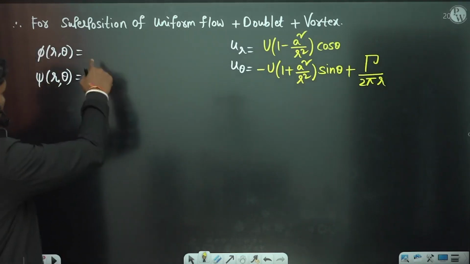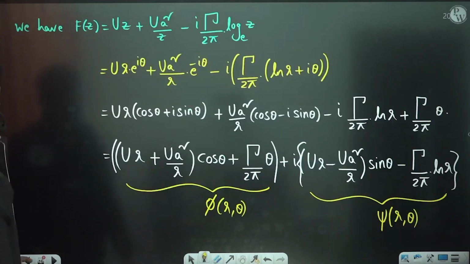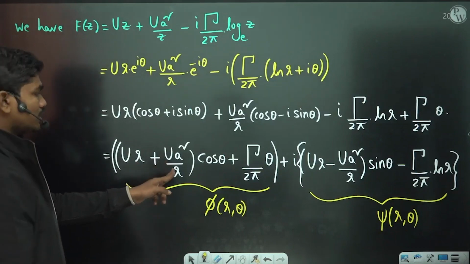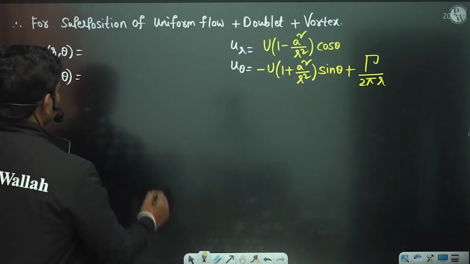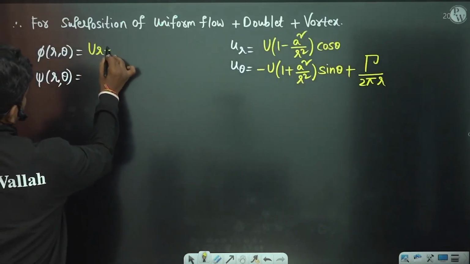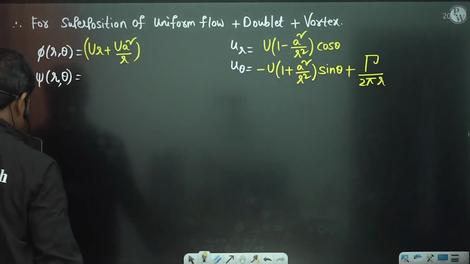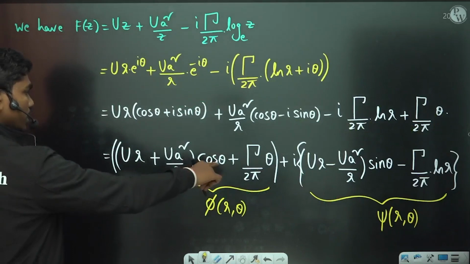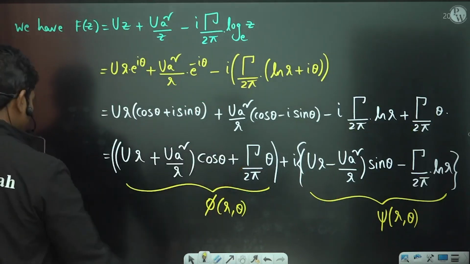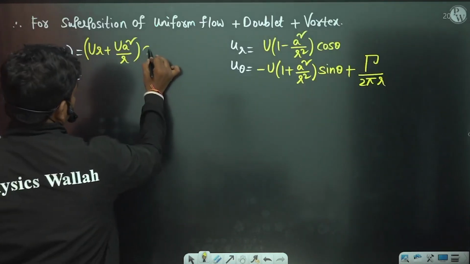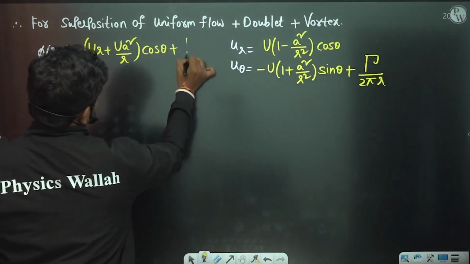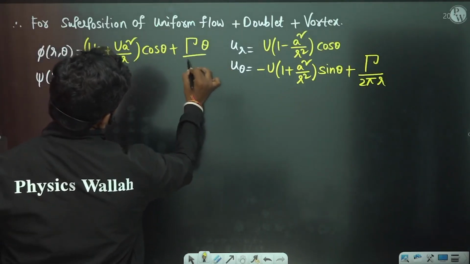And what about these two quantities, phi and psi? So phi is u r plus u a square by small r, into cos theta, plus circulation times theta by 2 pi.